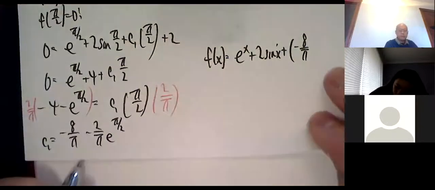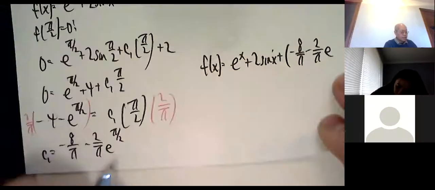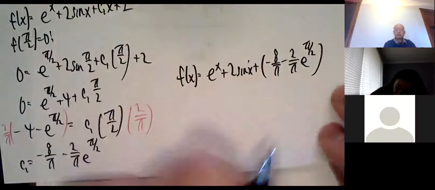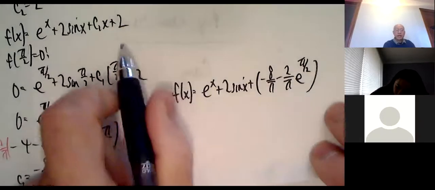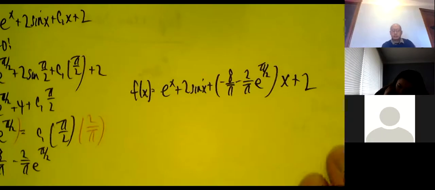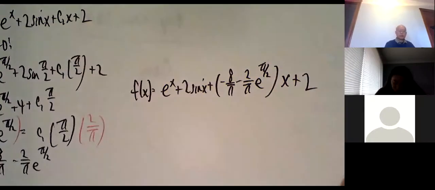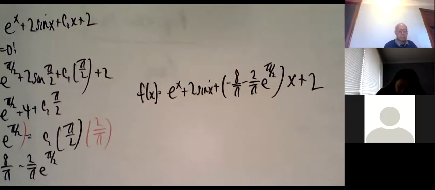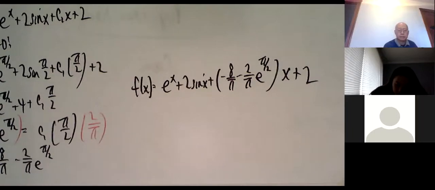So I put plus negative 8 over pi minus 2 over pi e to the pi over 2, that's my c1, x plus 2. And that's about it. So that should be my final answer for that one, assuming I didn't make a mistake, which is not always a good assumption.